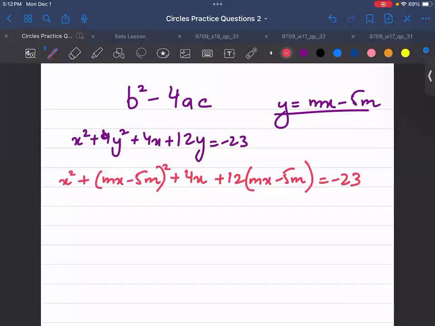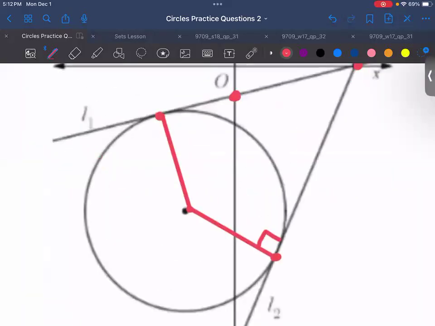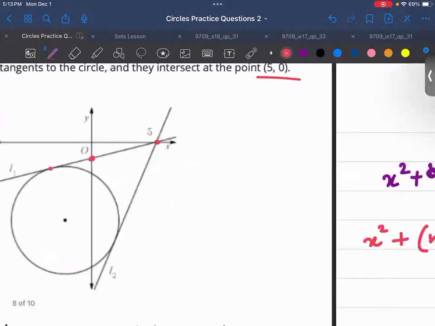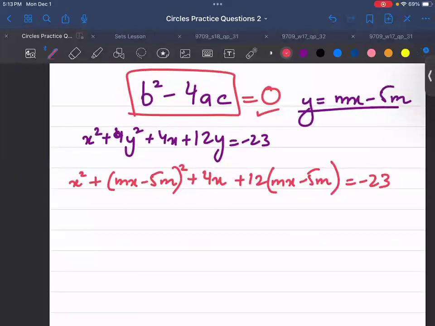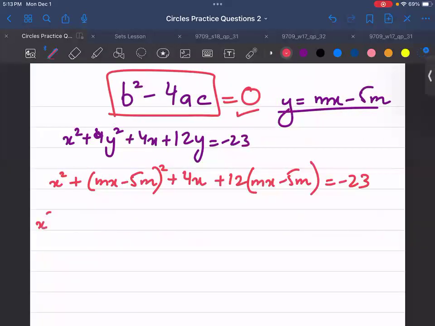This is just an example, but whenever you see a quadratic equation with a constant like m, k, p, q, r, the first thing that should enter your mind should be this. A tangent obviously intersects the circle at one point, so if the intersection is at one point, then b squared minus 4ac equals 0, right? The next step is basic algebra.